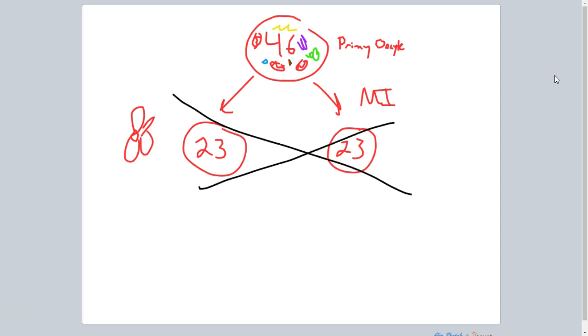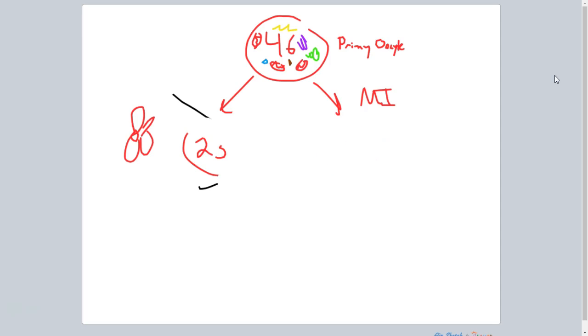We cannot have a typical cytokinesis, because if we did, we would have half the number of Golgi in each cell, half the number of mitochondria, half the ER, and we said from the beginning that we need the egg cell to be as large and robust and as full of cellular components as possible. So this just isn't going to work.